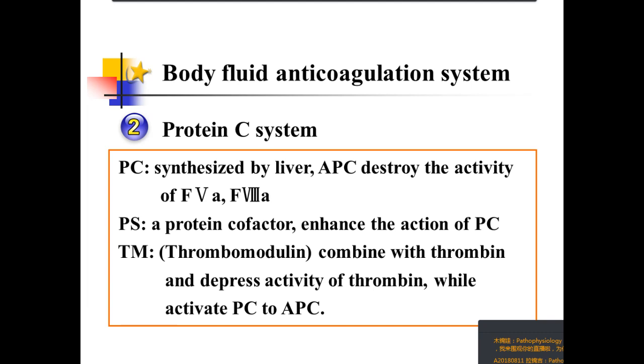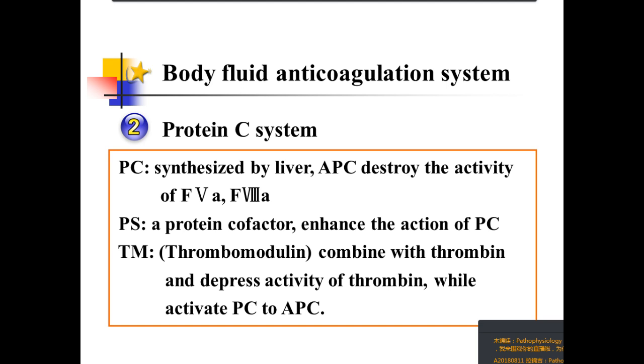Protein C has no function until it is activated to form activated protein C, APC, which has anticoagulation function. Protein S enhances activated protein C function. TM can inhibit the activity of thrombin, and TM can activate protein C.